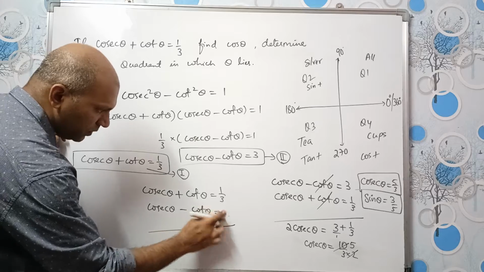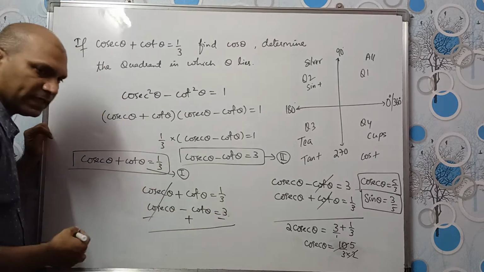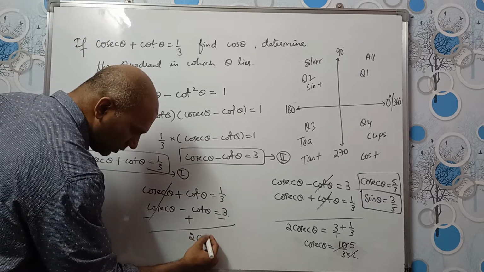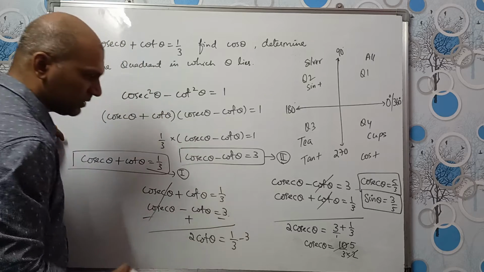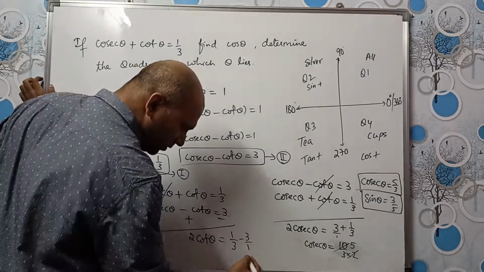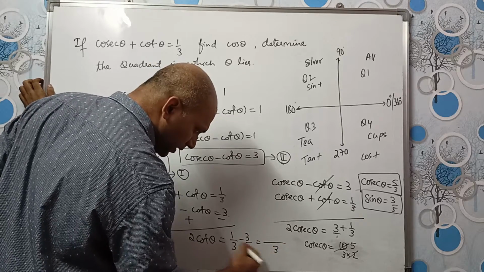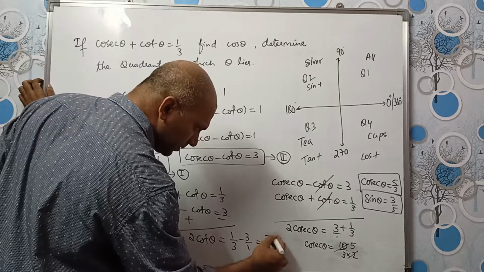When we subtract, we change the signs, right? So minus plus minus. This cosecant will get cancelled now. Cosecant minus cosecant 0. Cot plus cot, 2 cot theta is equal to 1 by 3 minus 3. So what will this be now? Denominator is 3, 1 minus 9, minus 8 by 3.